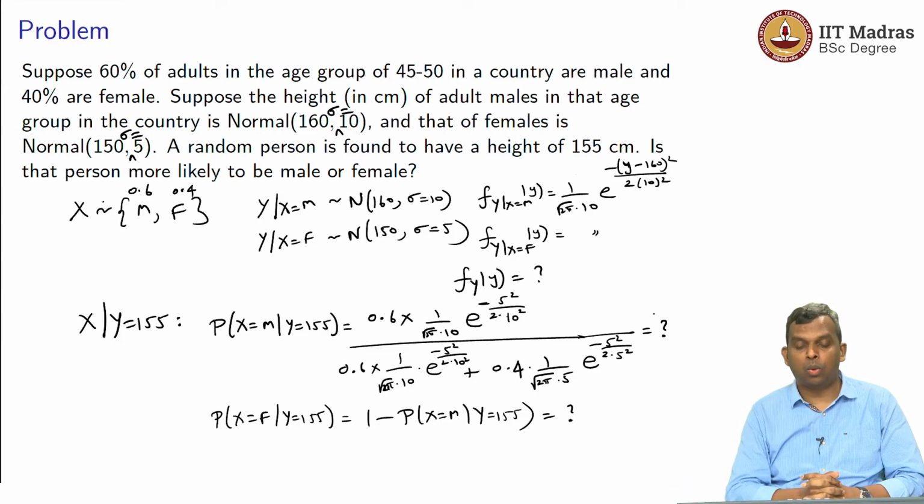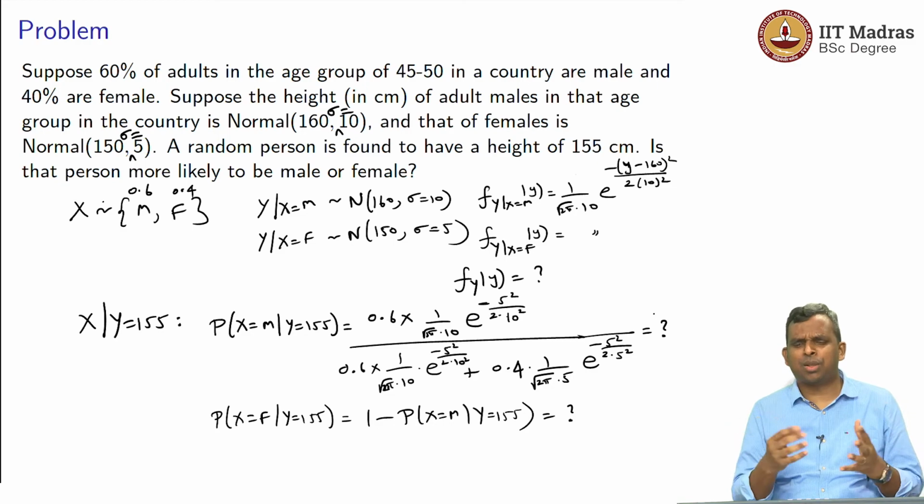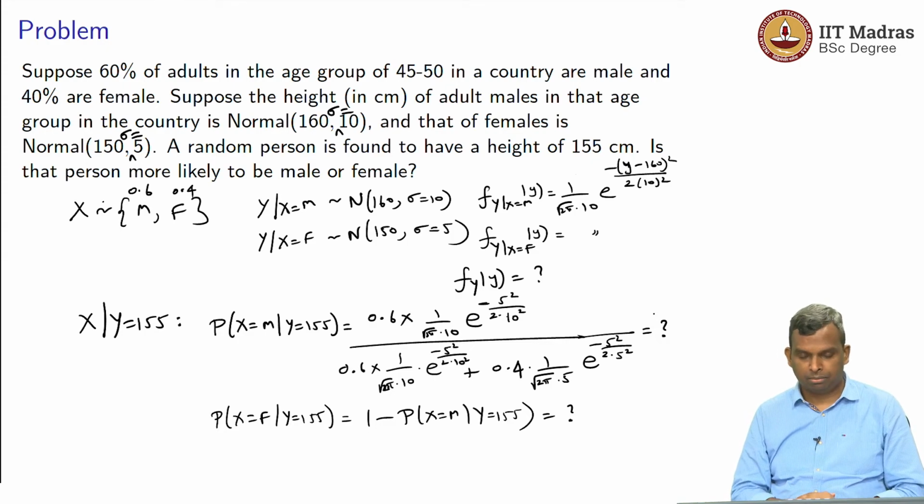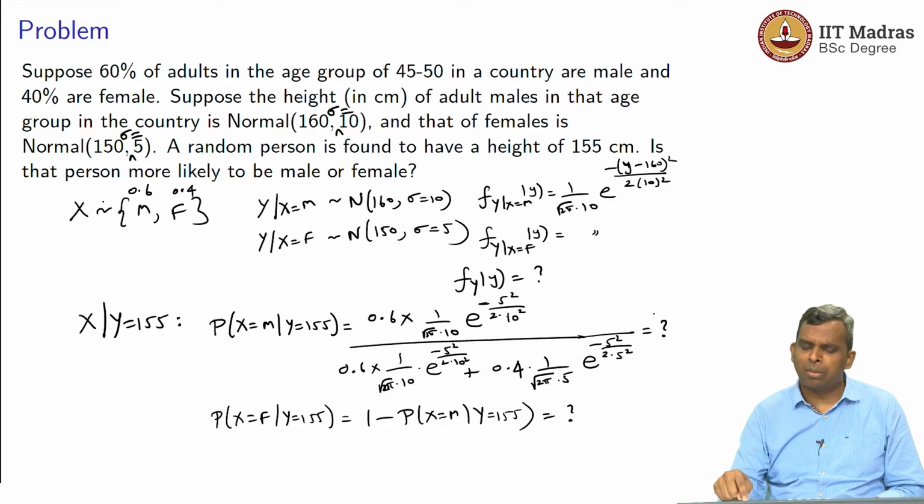So you notice how some sort of classification problem can be solved by assuming a model like this, right? Given a model like this, the classification problem will have a precise calculation that you can do. Given the height, you plug it into this formula and see which is the greater probability, and you decide. There are only two possibilities, so if one of them has a probability greater than 0.5, that's going to be the larger one.